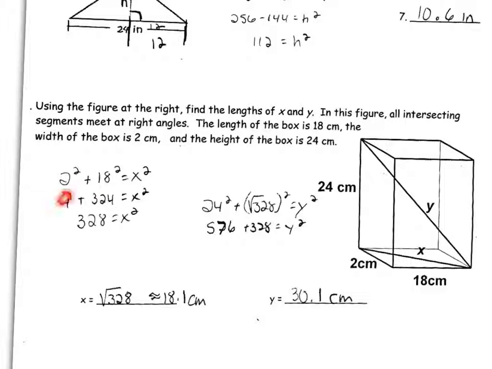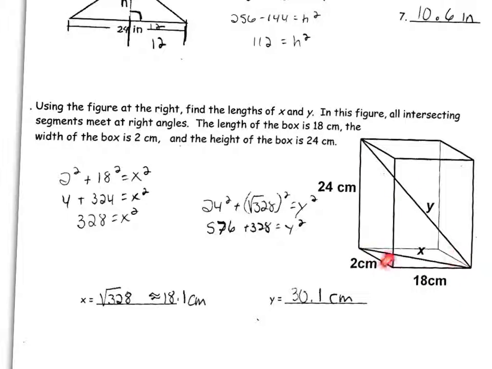Don't forget to show your work. I have quite a few of you that are not showing nice steps and thought process. So the trick here is x was the square root of 328, which is approximately 18.1, but we could leave it in radical form and put it in here. I am telling you right now that this is a proficient on your summative assessment, and I don't have these drawn in for you.